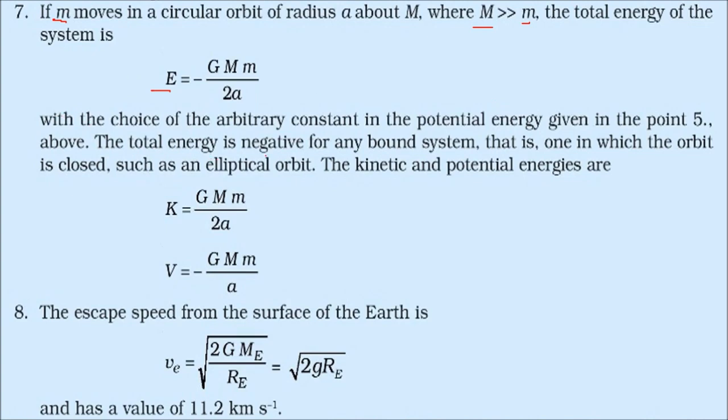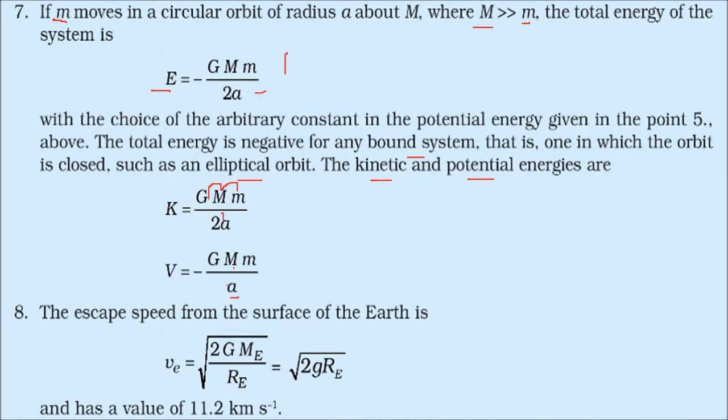The total energy is negative for any bound system, that is one in which the orbit is closed, that is an elliptical orbit. Kinetic energy is given by GMm/2a. Potential energy is given by -GMm/a. If you combine them, you get this total energy.